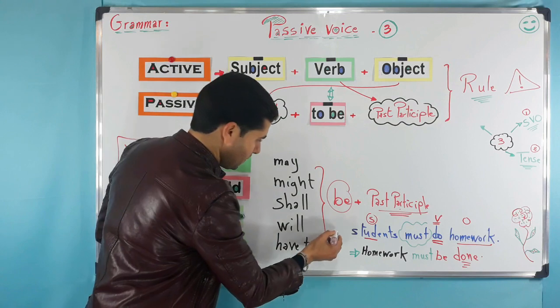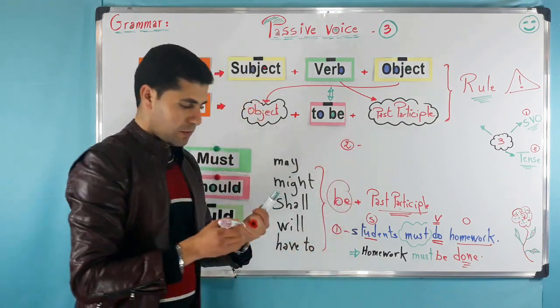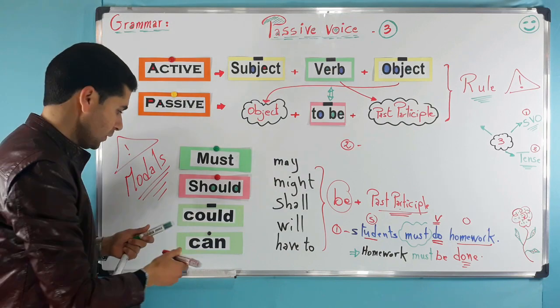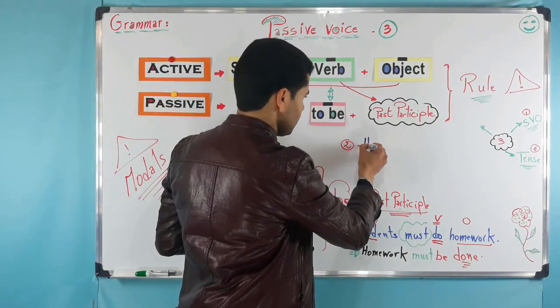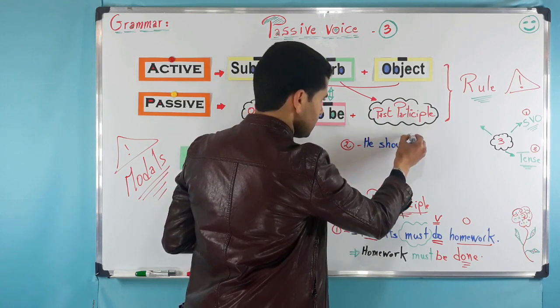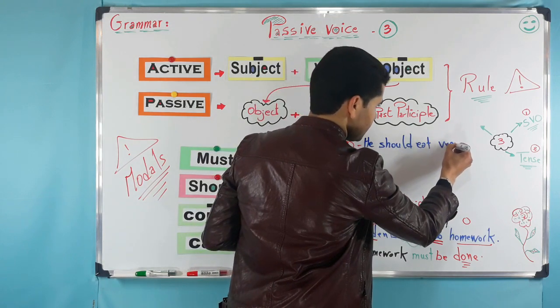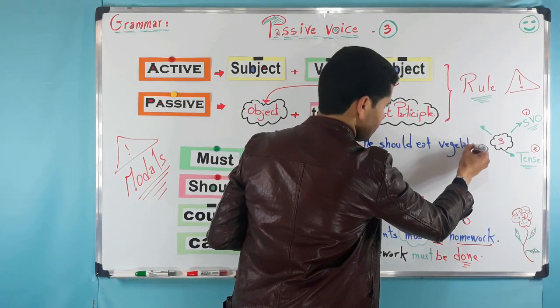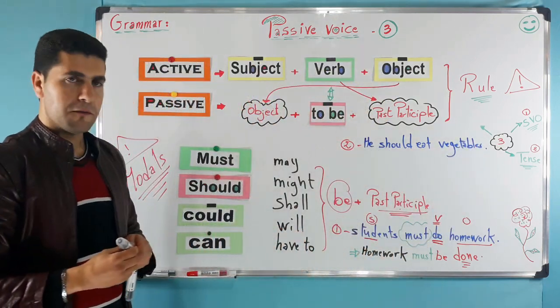We can take another example. This is number one. Take number two, for instance: he should eat vegetables.